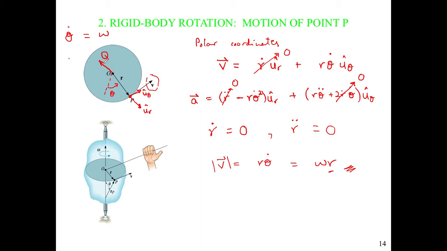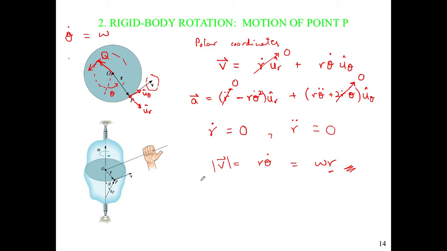That's it. So Q's velocity will be different from P's because its radius from the axis of rotation is different, whereas omega remains unchanged. And of course I was talking about the scalar here; for Q the directions will be its own, that is, it will again have its own path and some tangential direction, something like this, for Q.